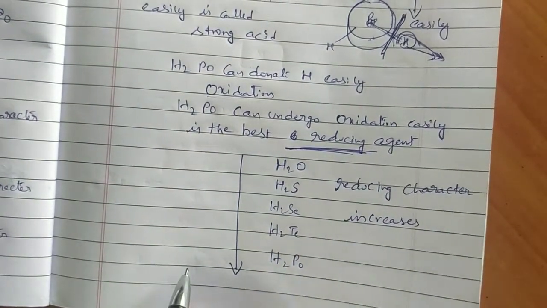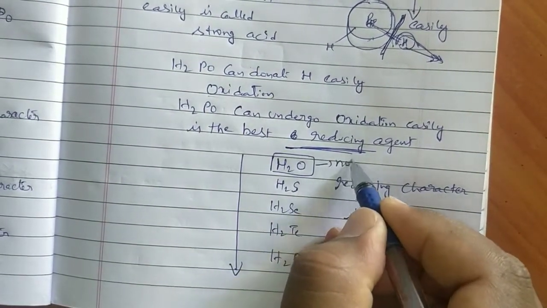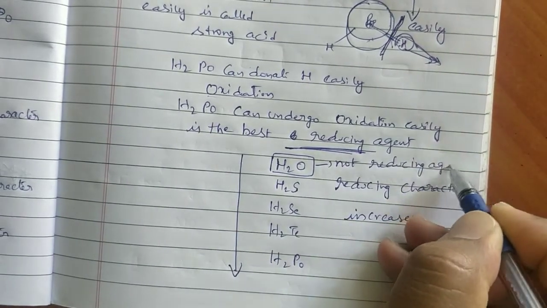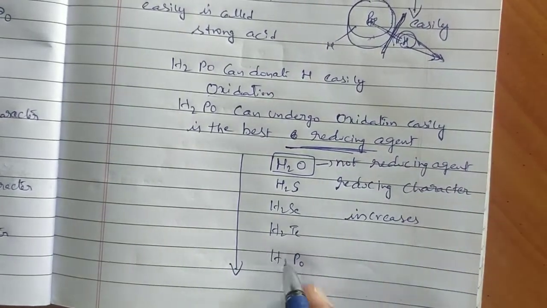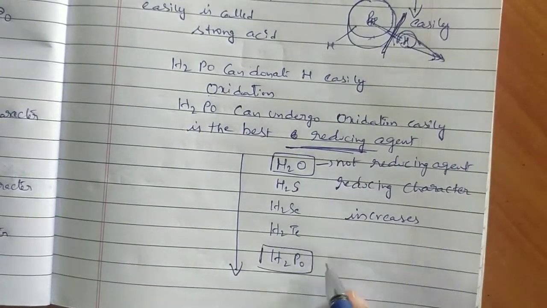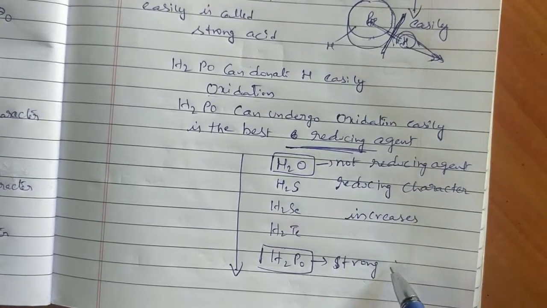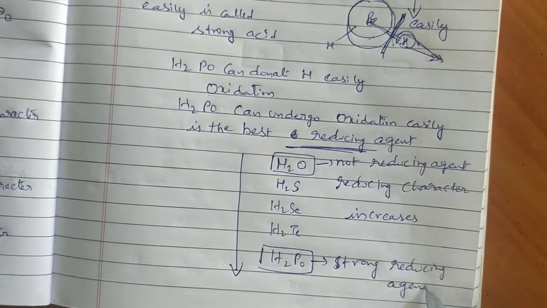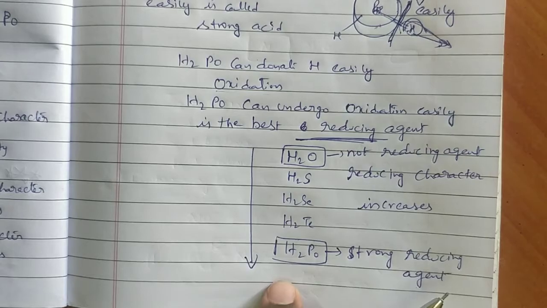So H2O is not a reducing agent; the remaining are all reducing agents. In that also, which is the strong reducing agent? H2Po is a strong reducing agent because it can donate H easily.